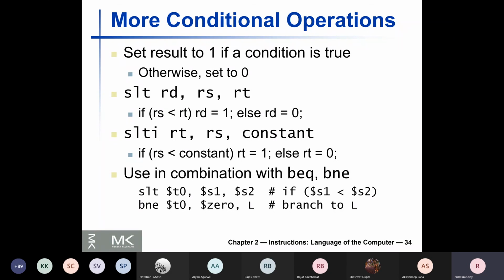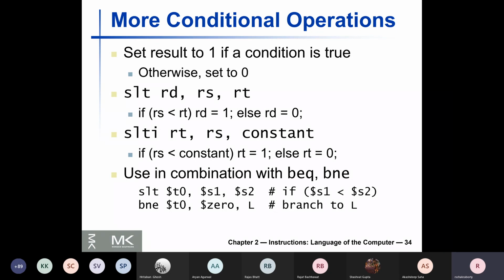In the destination register, only the LSB will be 1, and the remaining bits will remain 0. But it is guaranteed to have the constant value 1. If the comparison fails, that is RS is not smaller than RT, in that case the register is reset and all its bits become 0. Remember, RD is a 32-bit register, it's not a 1-bit quantity.